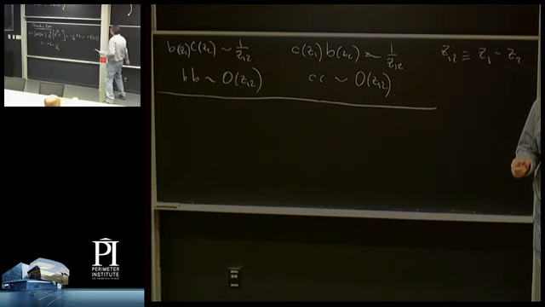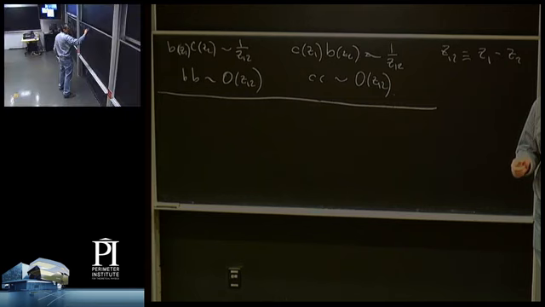So from here, we conclude that the contraction of B of Z1 and C of Z2 is 1 over Z12, and C of Z1 with B of Z2 is also 1 over Z12.